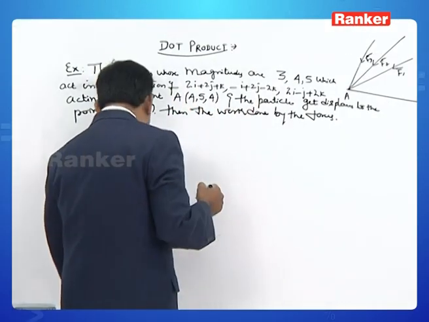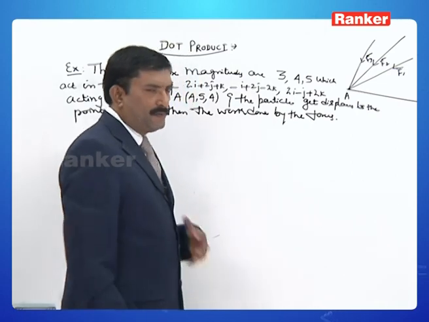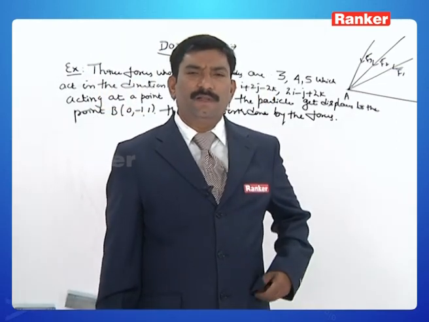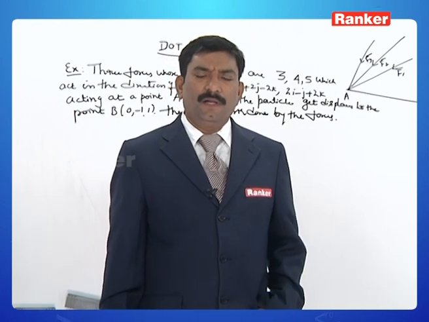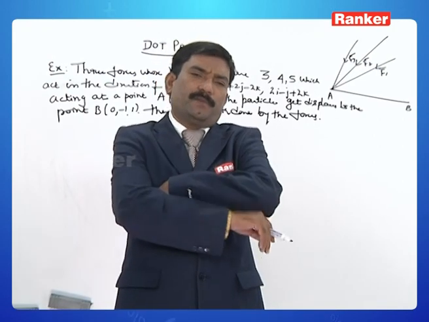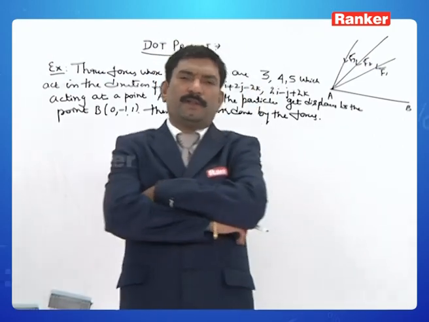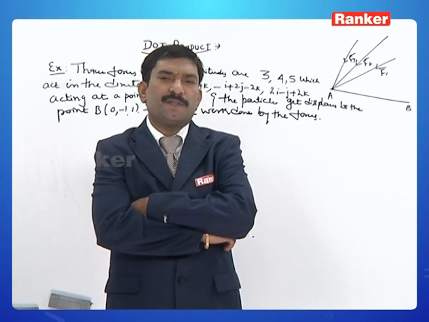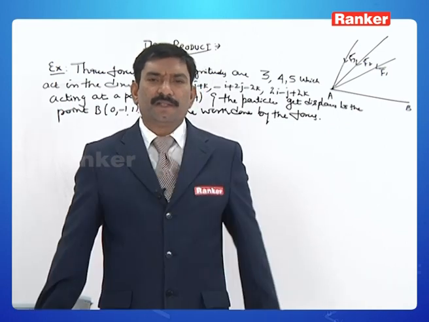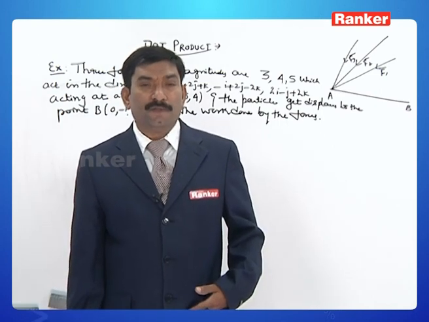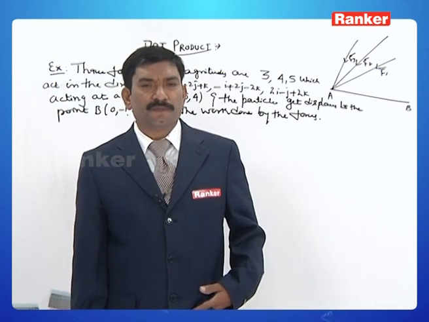Right, students, let us observe the difference between this example and the previous example. In the previous example, we came across three forces without the magnitudes being given. But here you are given the magnitudes.